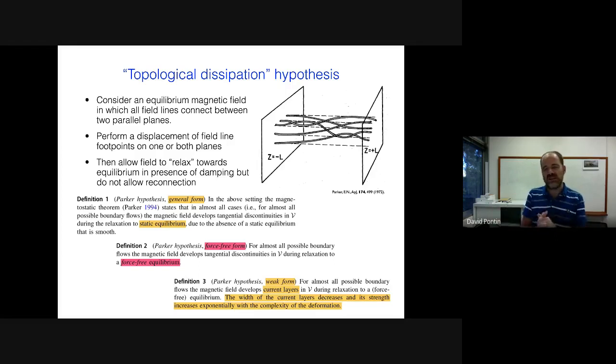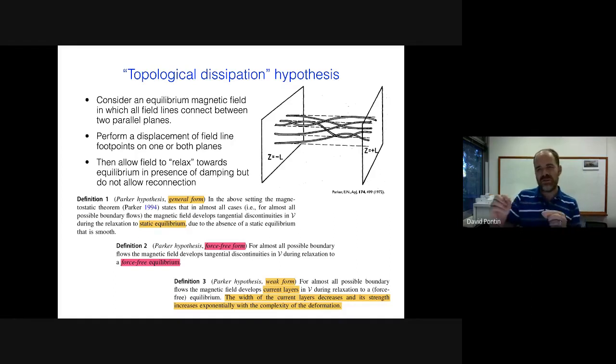So the idea is to simplify some part of the corona into a geometry where you have field lines just running between two parallel, perfectly conducting plates. You suppose that you start out with an equilibrium magnetic field. Maybe it's a uniform field or something different.